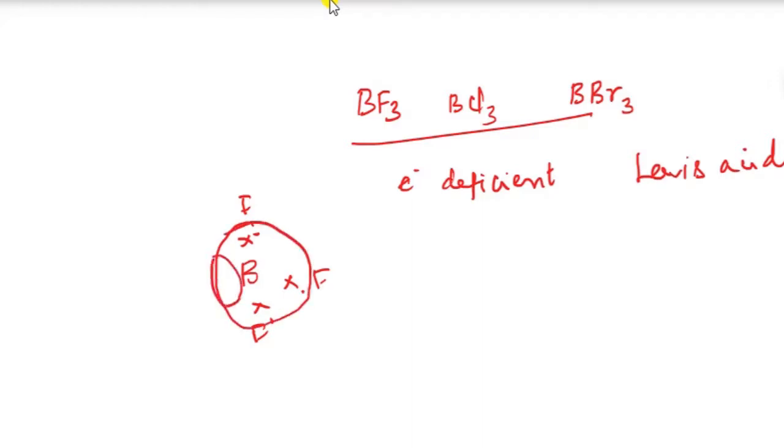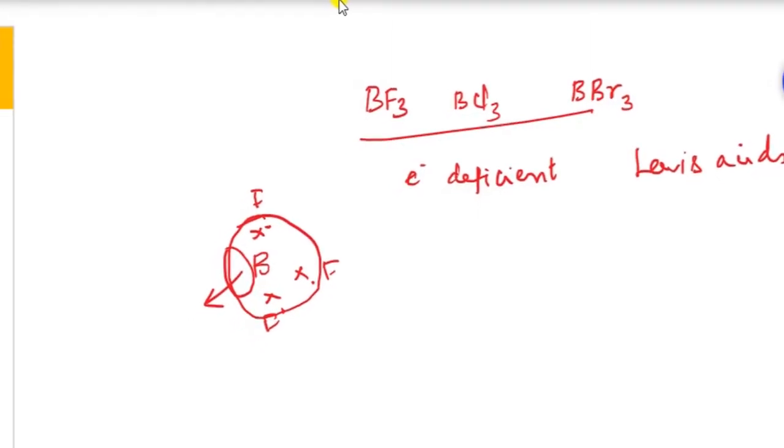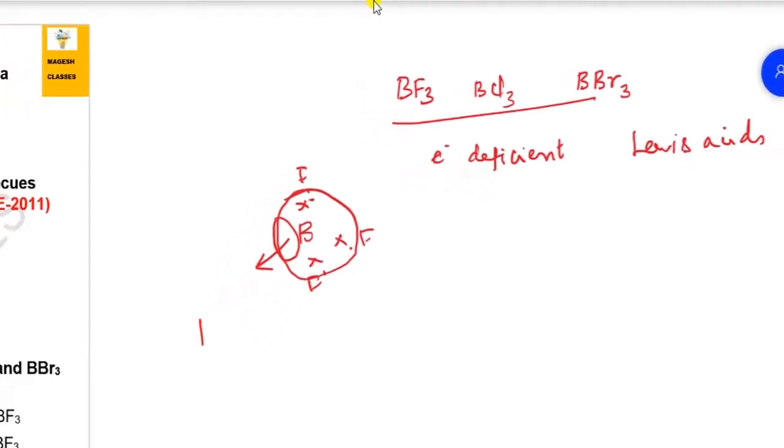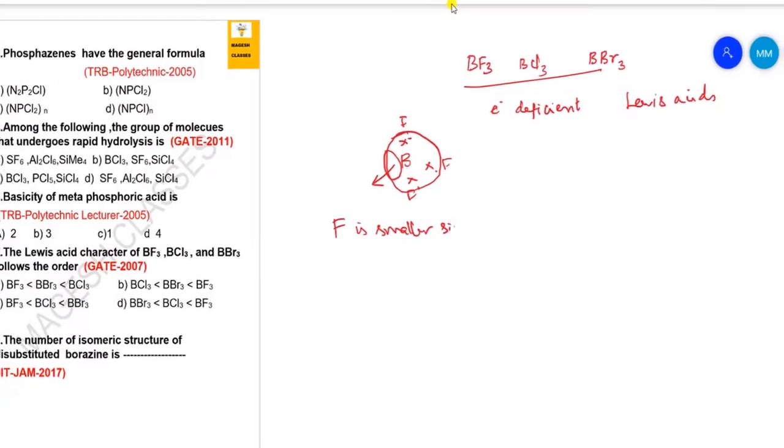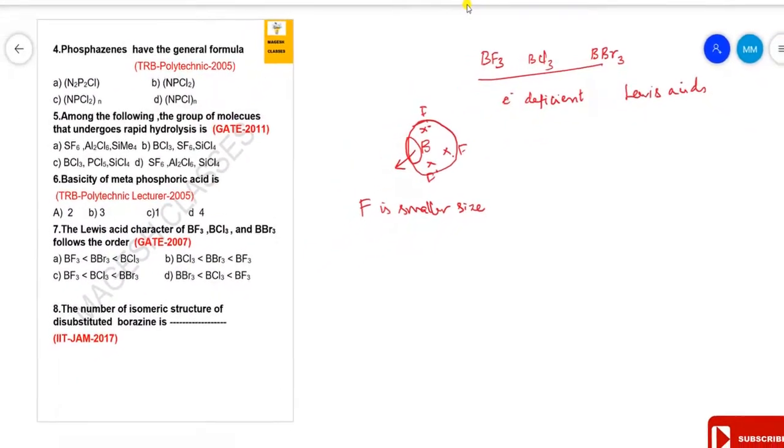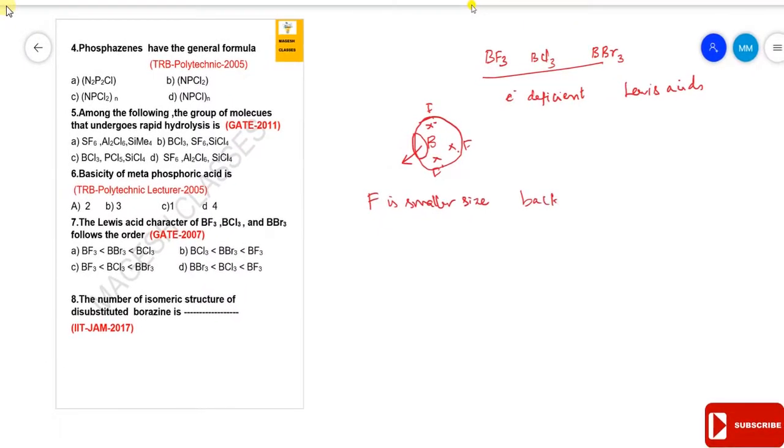It is electron deficient. What happens now, as fluorine is very small in size, it back-bonds electrons to the boron. So this vacancy is filled by fluorine due to back-bonding, as it is smaller in size.